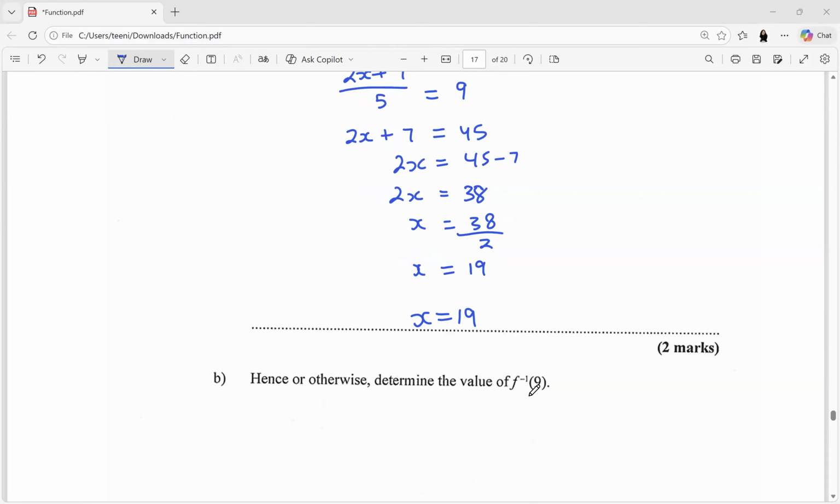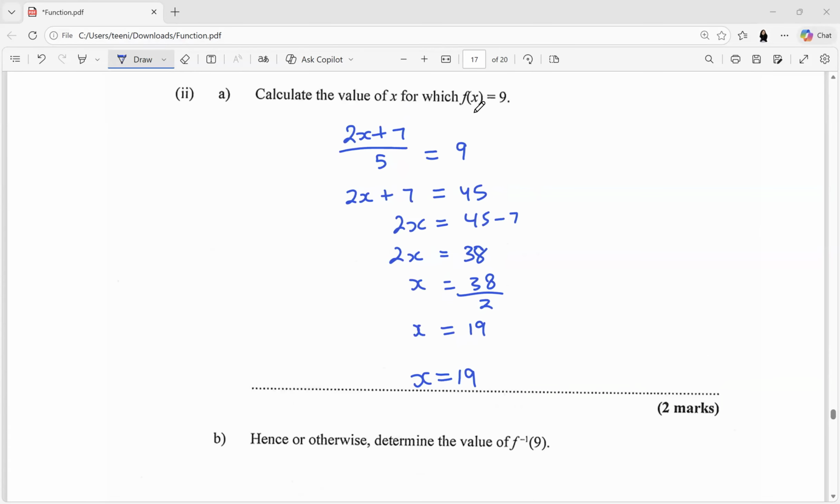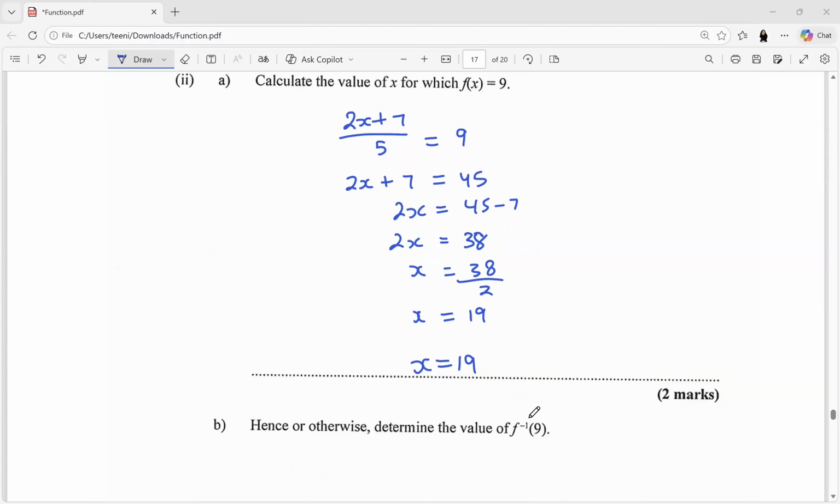Right. So hence or otherwise determine the value of f inverse of 9, right? So if f of x is equal to 9, that means x is equal to 19. Then the value of f inverse of 9 will be 19, because f inverse does the opposite, right? It's basically undoing the function f.